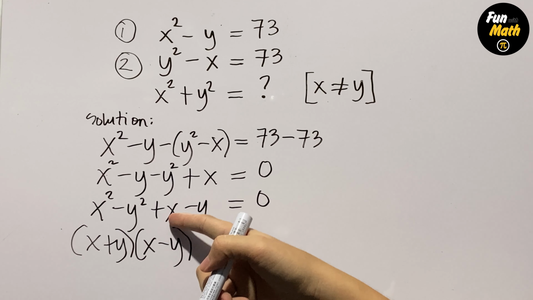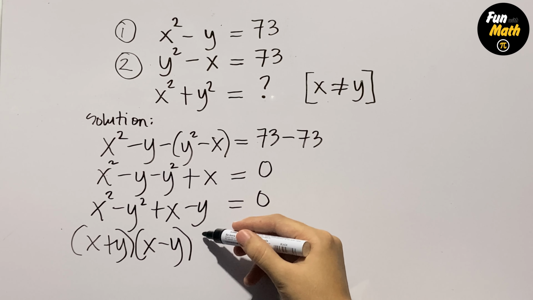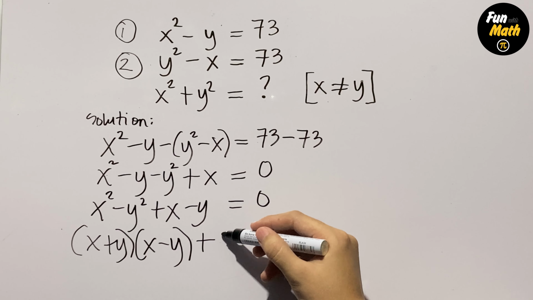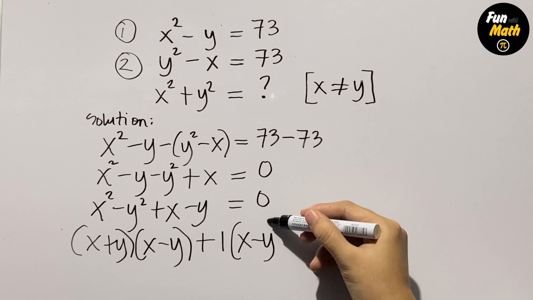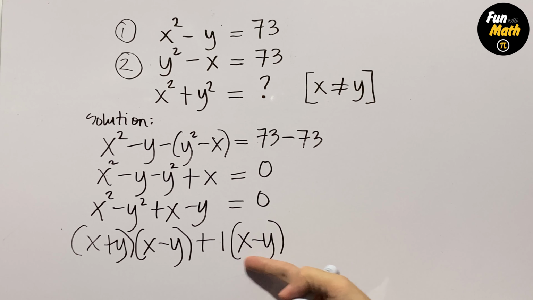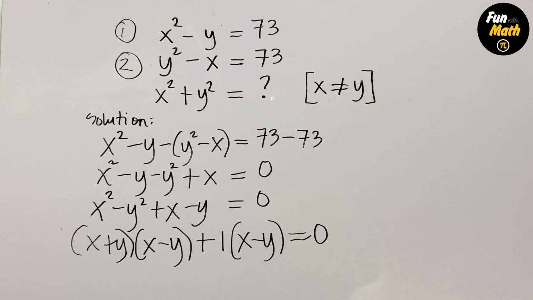And then here, we are going to write it like plus 1 times x minus y, for it to be the same with this, equals 0.